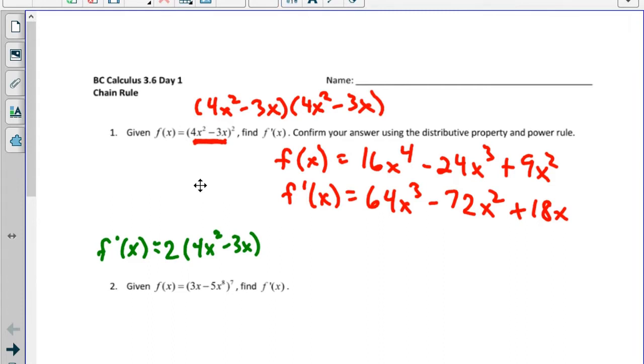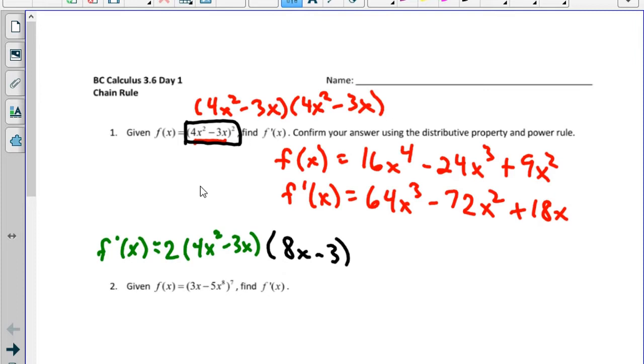What if after I take the derivative of this giant function, you know, like the power rule, what if I take the derivative of the inside? So the 4x squared minus 3x. So let's take the derivative of the inside now. So 8x minus 3. And I kind of stick that on the back end of f prime of x.